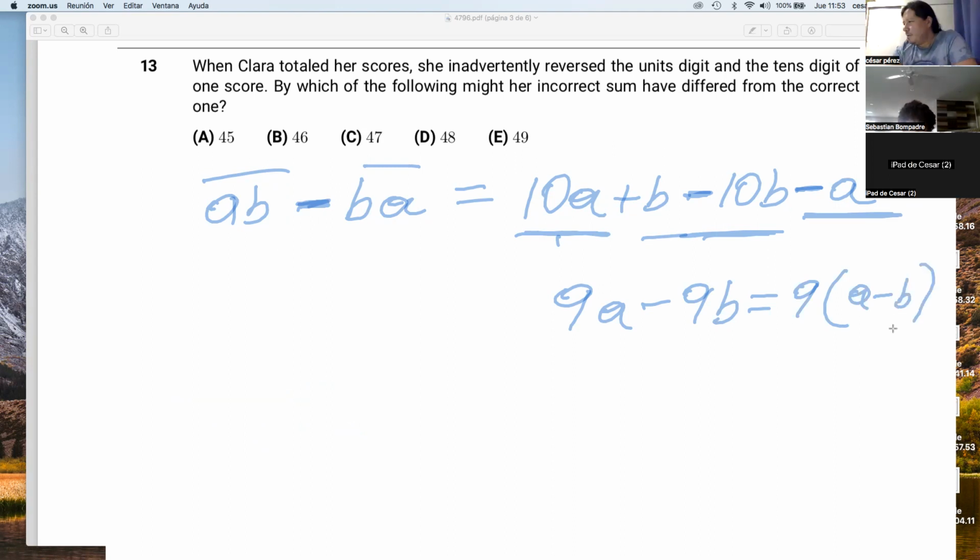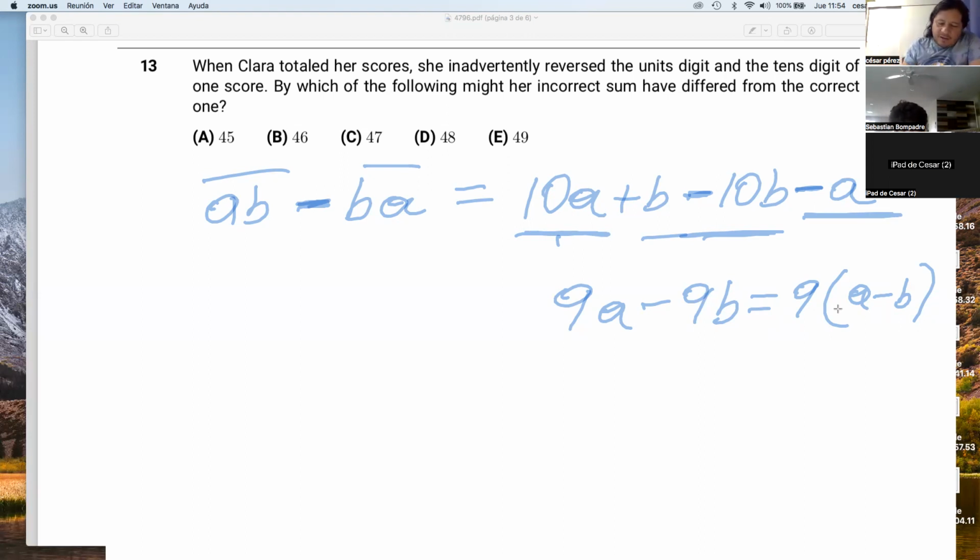Okay? You understand this? Yes. Okay. Do you have some doubts? Yes. Is it supposed to be 10B plus A?